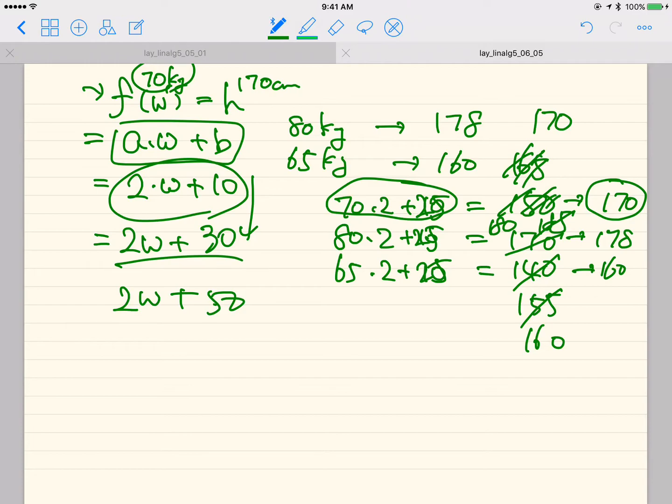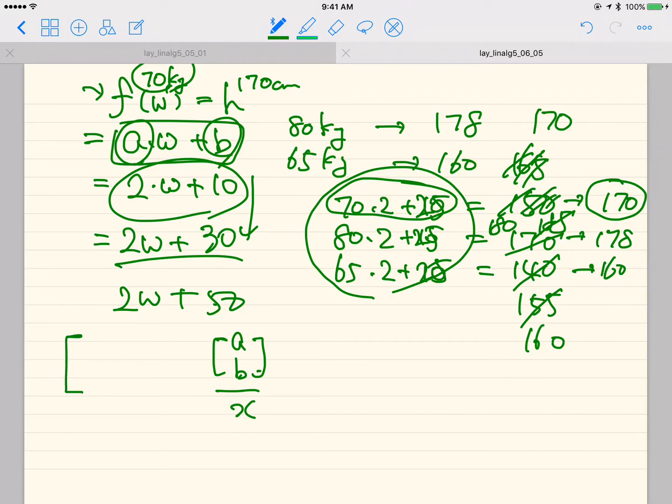This is our linear model, so let's think about these two coefficients as a, b, and this will work as our x, and our matrix A part will be something like this. So 70 and 1.